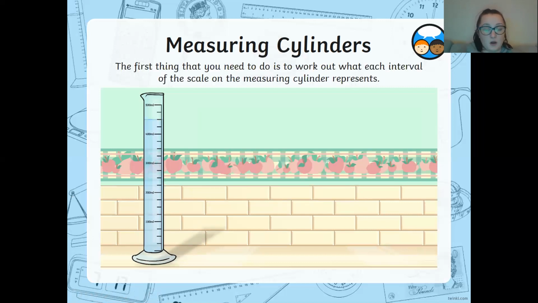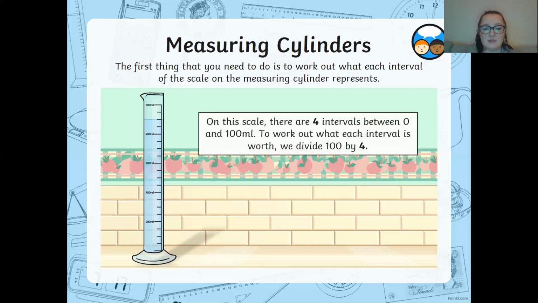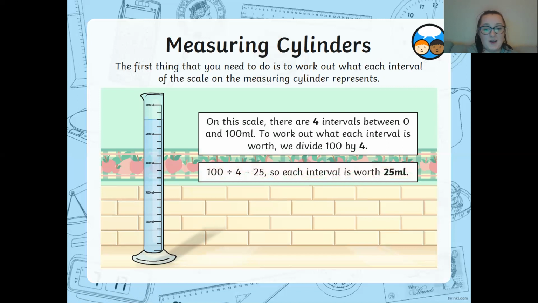Right, this next one, if we look at it, we know that there's 4 intervals by looking at it between 100 and 0. So we divide 100 by 4. Now, if we do that, the answer is 25. So let's see if Miss Dunn's right, first of all. 100 divided by 4 is 25. I'm a genius, aren't I?